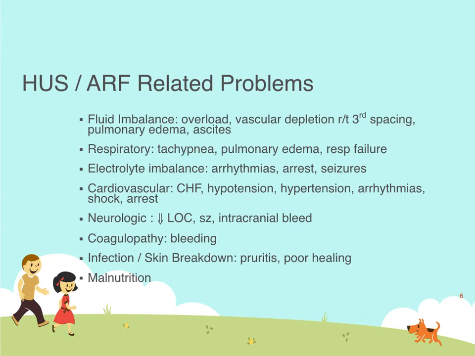Do they have a decreasing level of consciousness? Are they having seizure activity? They may even develop an intracranial bleed because of the hemolysis. The child is at risk for other infections, and with the edema, they can have skin breakdown. And then because they are not eating nor are they filtering correctly, they can have malnutrition.